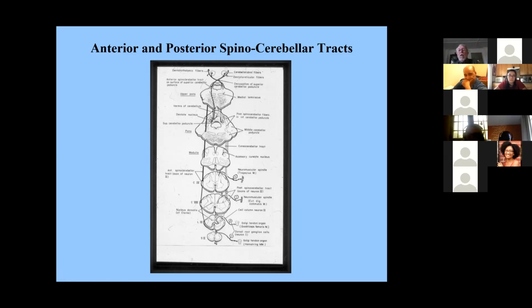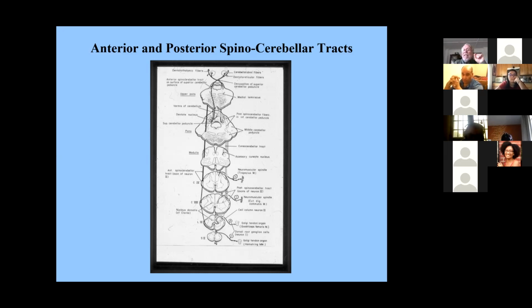So if there was some insult to the anterior radicular artery and it affected the anterior white commissure, what could we expect? Some type of damage or interruption to three of the major tracts that cross near the level at which that insult happens: the lateral spinothalamic tract, the anterior spinothalamic tract, and the anterior spinocerebellar tract.